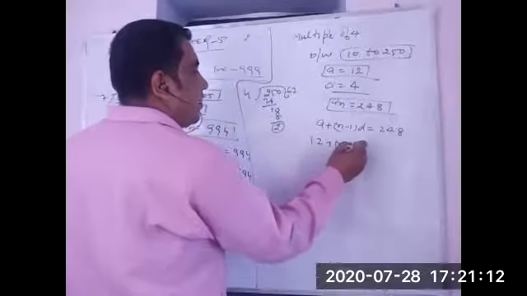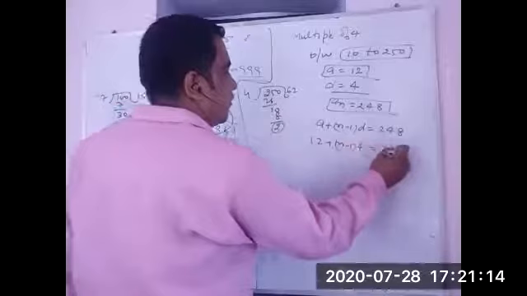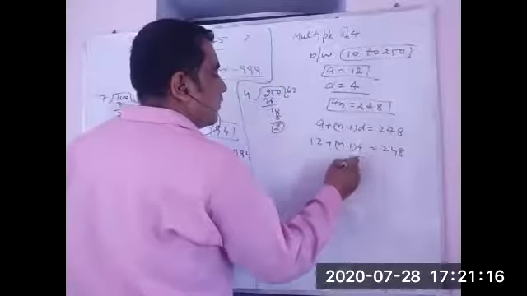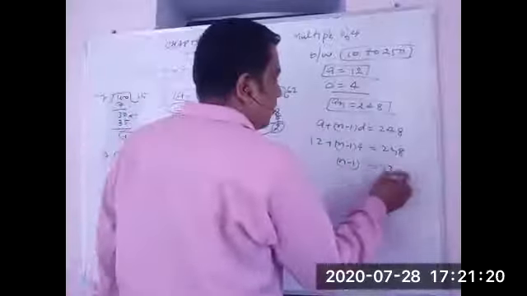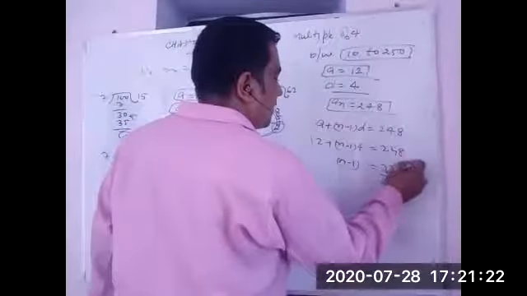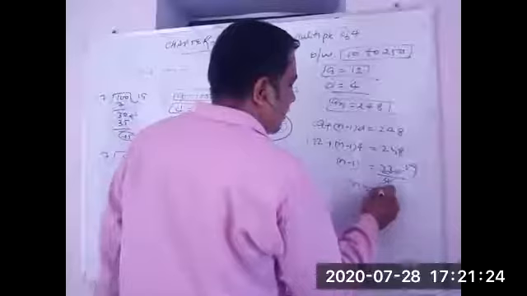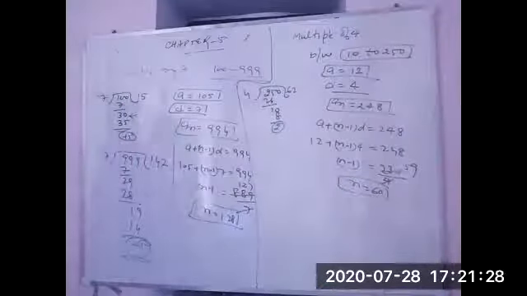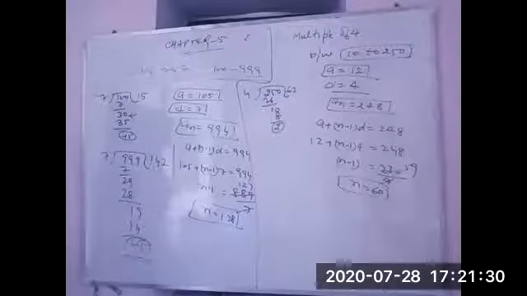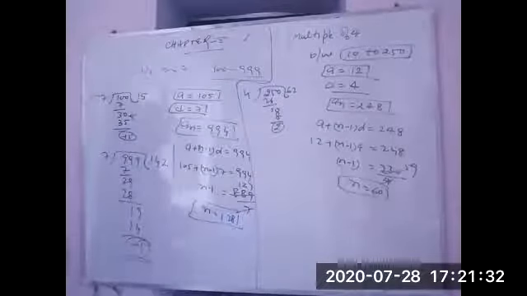N minus 1 D value 4. 248, 12 will be subtracted. How much left? 236 divided by 4. So total 60 terms are there, 60 numbers are there between 10 to 250. Okay. Now it will be easy to you.